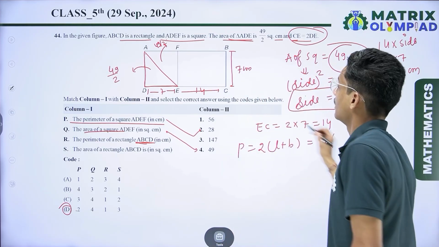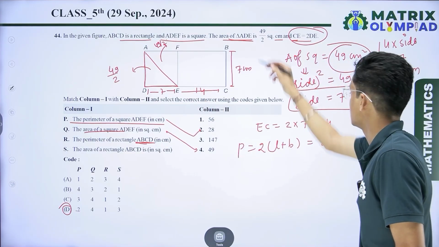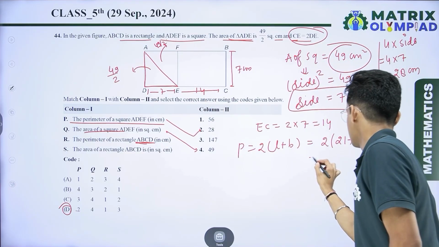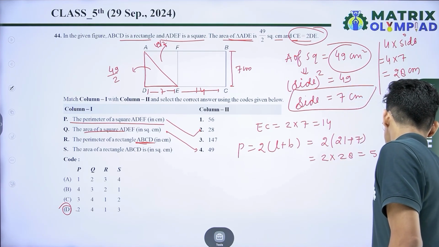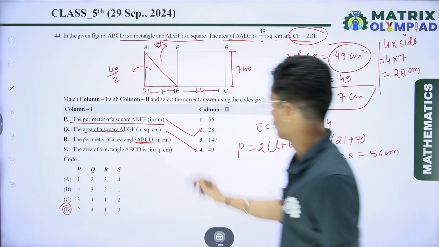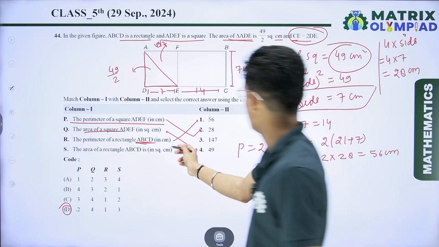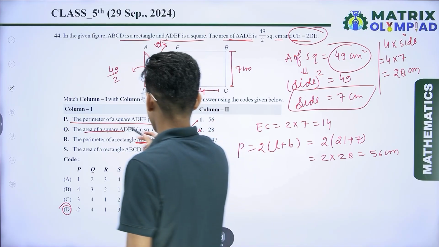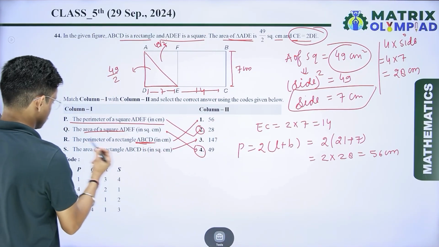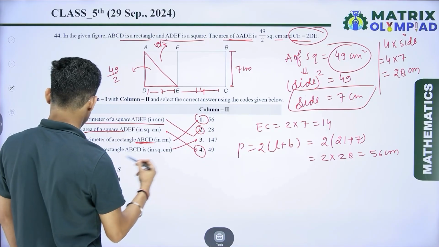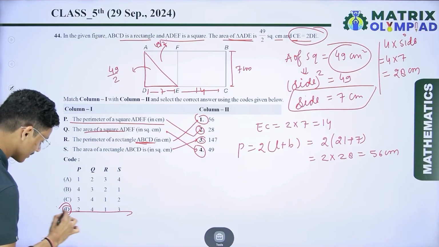So 2 bracket length, that is 14 plus 7, 21, and breadth, that is 7. So 2 multiplied by 28, that is 56 centimeter. So here option R is connected to 1 and the remaining 1 is connected to S. So I can say that P is 2, Q is 4, R is 1, and S is 3. So 2, 4, 1, 3, option number D is correct.